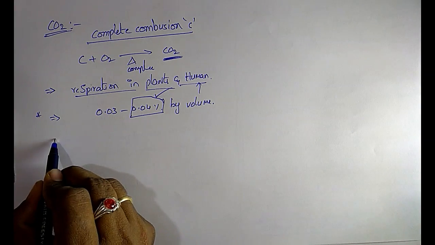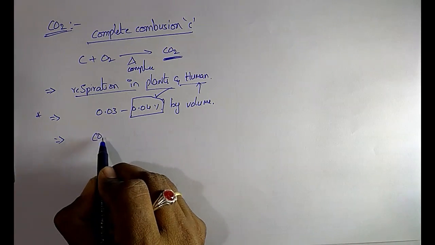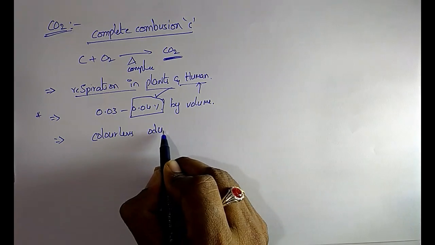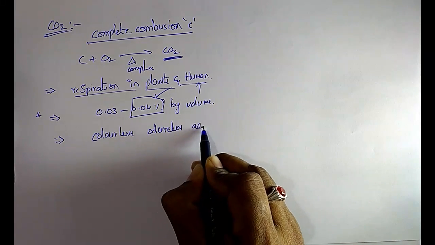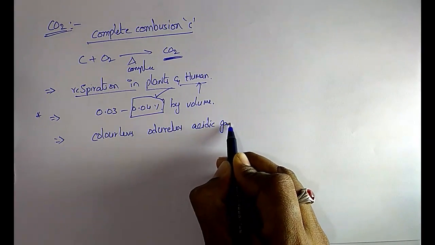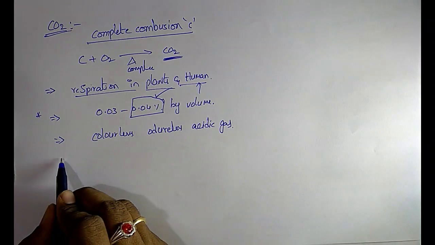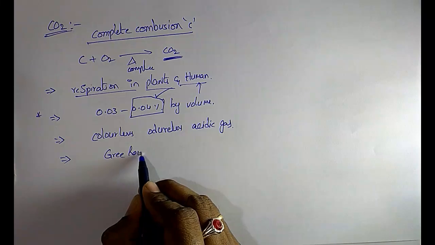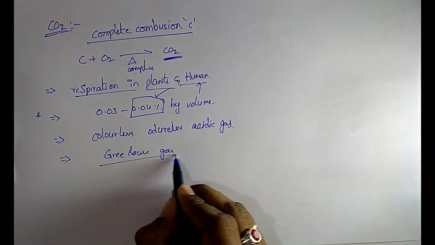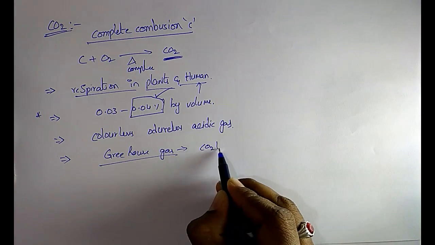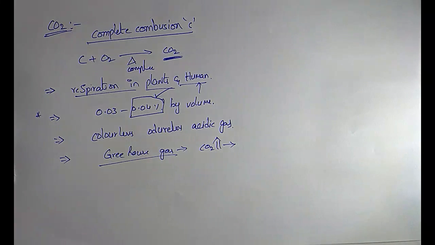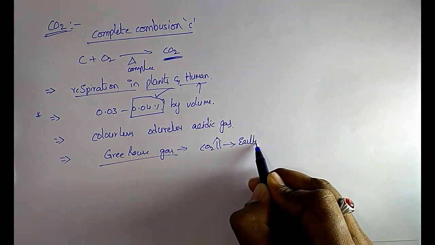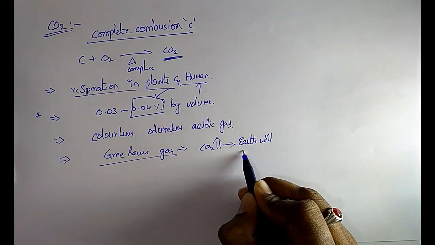It is a colorless and odorless acidic gas, and it is also known as a greenhouse gas. Why? Because as the CO2 percentage increases in the atmosphere, our earth will become warm.